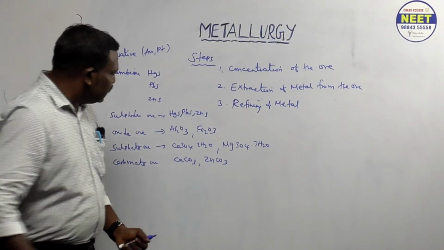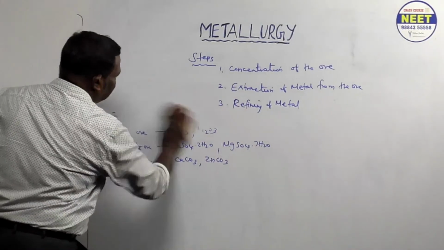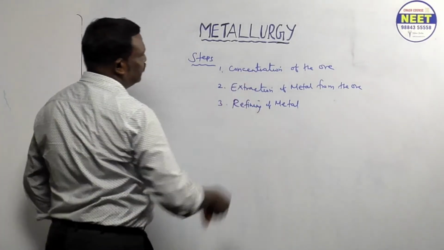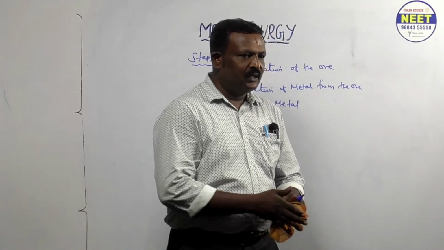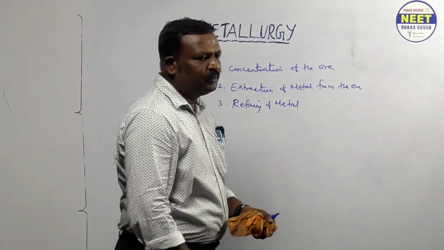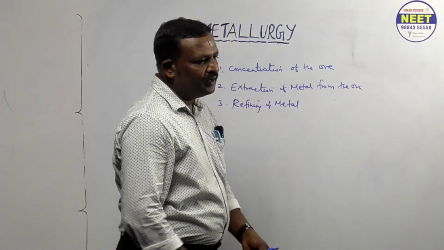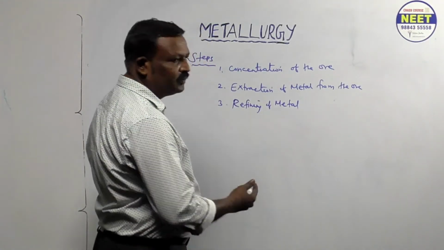Next one. Now directly I am going to say the important things about how to extract the metal from the ore. After we get the ore from the earth crust, we cannot process it immediately. First we should do concentration of ore, which means washing. The ore is washed by different methods. That is called concentration of ore.